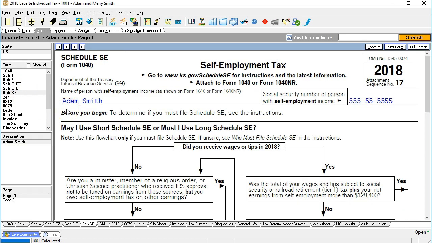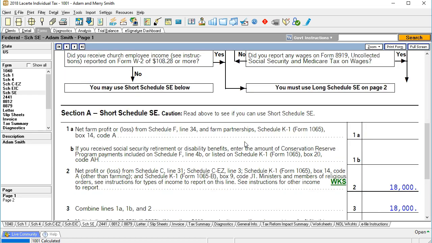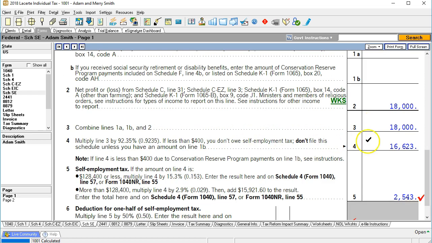And that's basically self-employment. So anybody that has a Schedule C typically has to pay Social Security, Medicare, self-employment tax. And part of the calculation for the self-employment is line 4 here, which is to multiply line 3 by 92.35%. That's where that 16,728 is coming from.